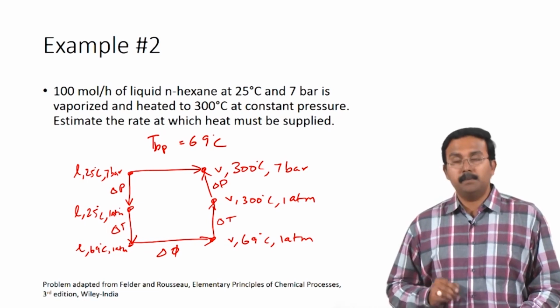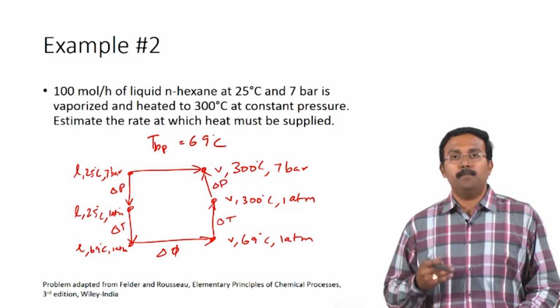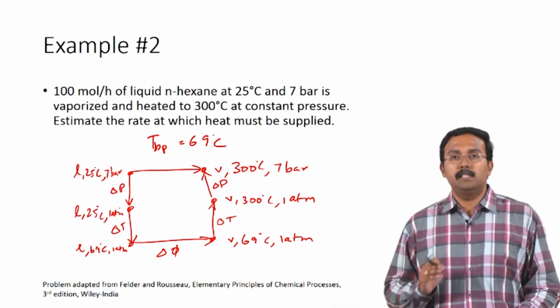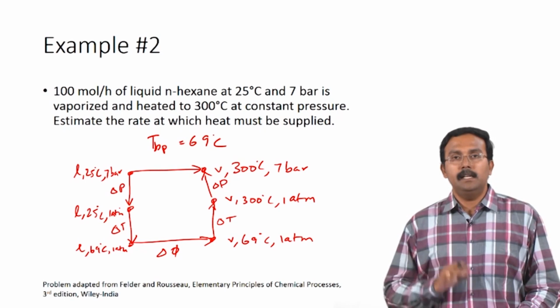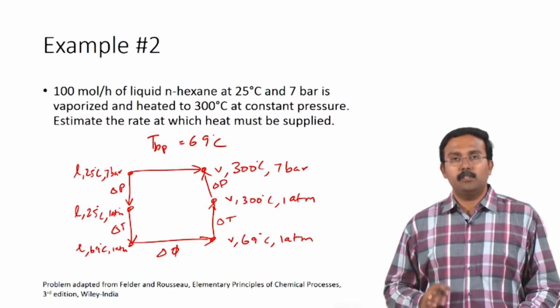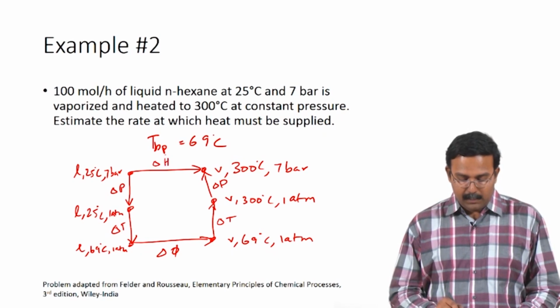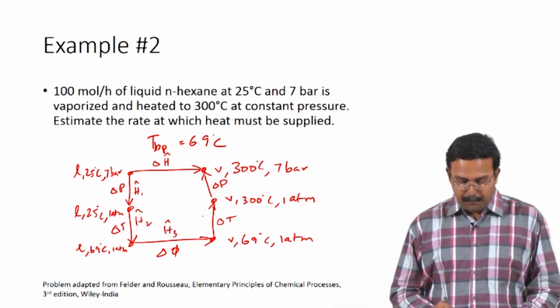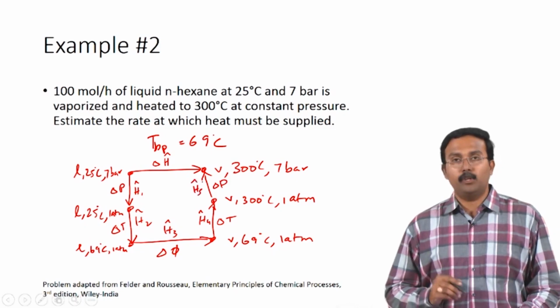Each of these steps has been constructed in a way that only one of pressure, temperature or phase is changing, which means we would be able to calculate the change in specific enthalpy for each step. So, the total specific enthalpy change is delta H cap, for which we would have to calculate H1 cap, H2 cap, H3 cap, H4 cap and H5 cap and find the summation of this.